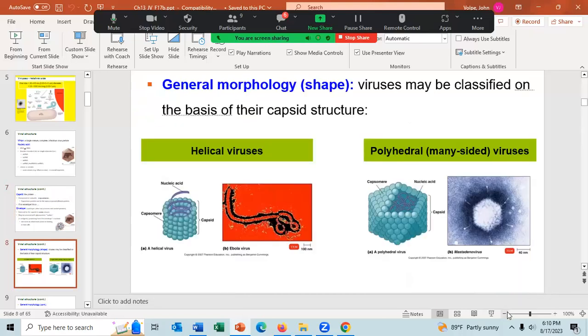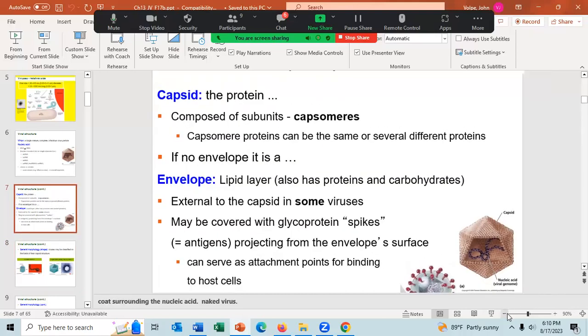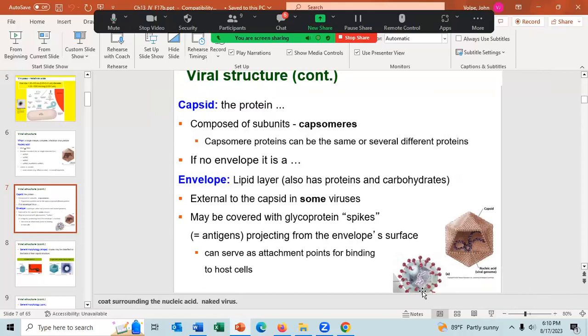Let me go back. What I meant to do is shrink the size to get that all in there. If the virus has an envelope, it may be covered in glycoprotein spikes.